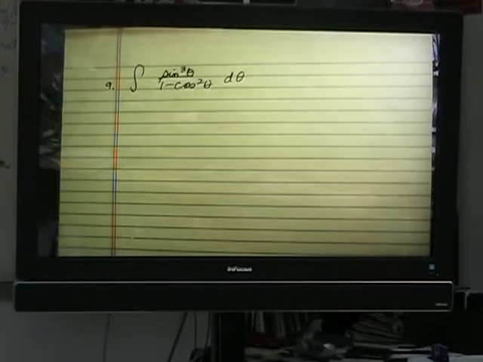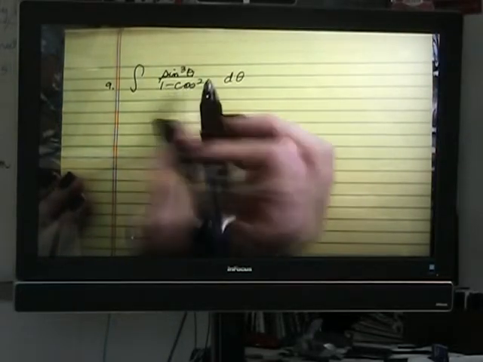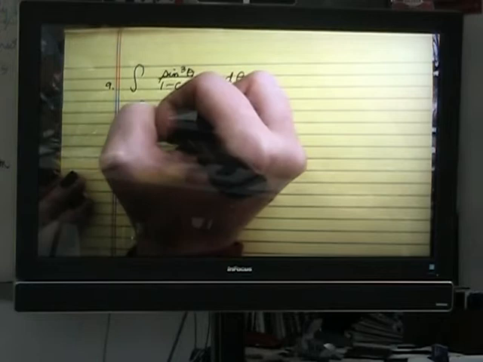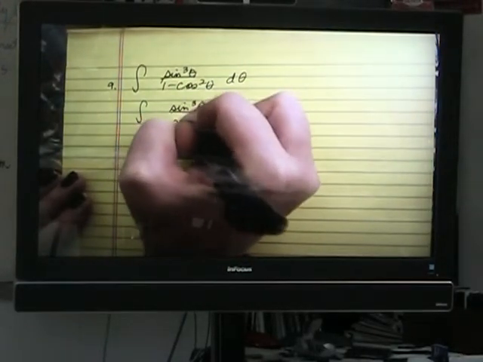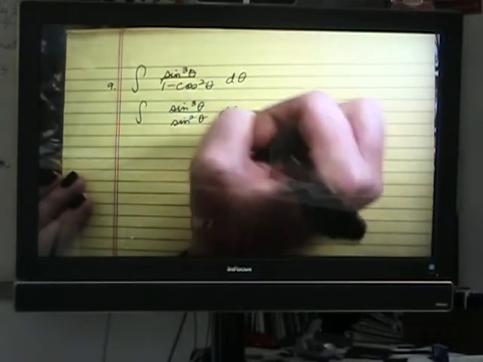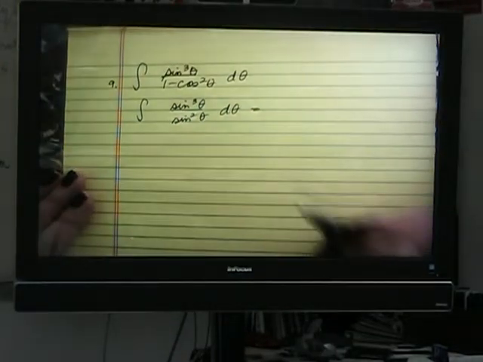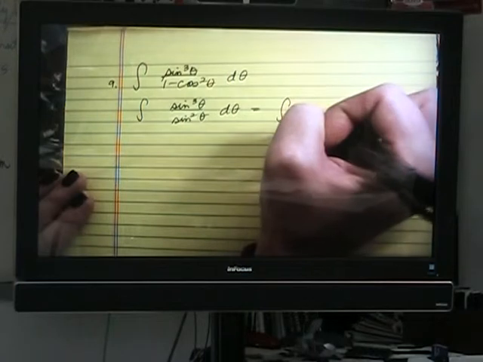You have to know Pythagorean, reciprocal, quotient, all of those identities on that sheet. So what is 1 minus cosine squared equal to? Sine squared, right? So sine squared theta in this case. And what is sine cubed divided by sine squared? Sine of theta.